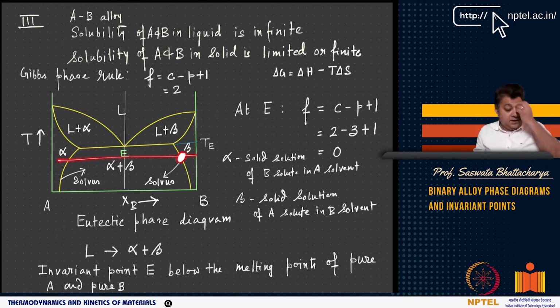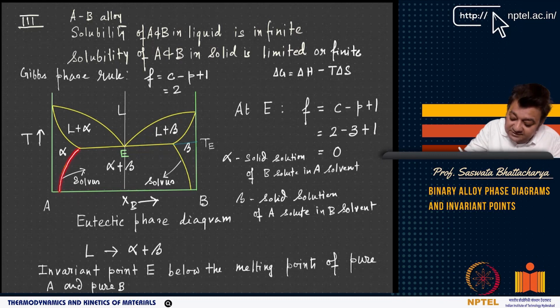And remember, alpha and beta can have different crystal structures, and that's why alpha and beta are separated here. Instead of pure A and pure B, we now have these solvus curves.